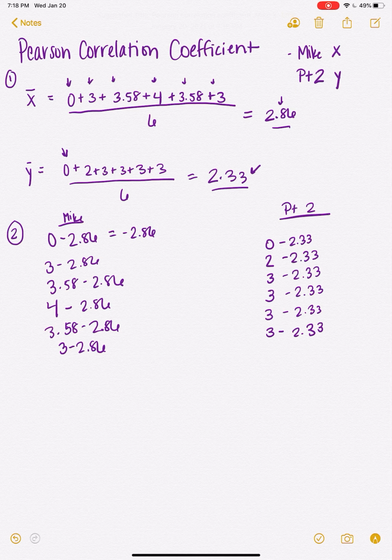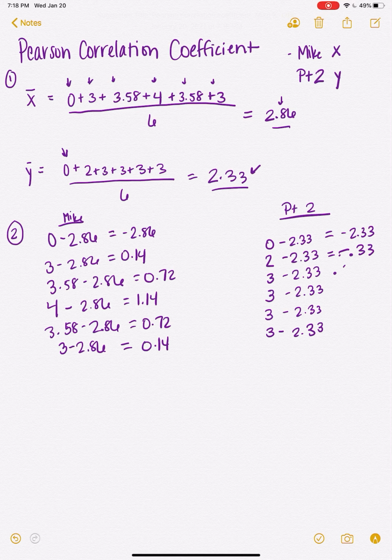Negative 2.86, 0.14, 0.72, 1.14, 0.72, 0.14 for Mike, and for patient 2, negative 2.33, negative 0.33, and so on. That's what we should have so far in step 2.